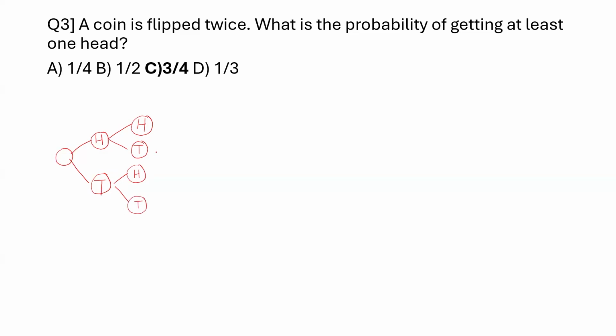These are the 4 possibilities. So the sample space, how will you write? It can be HH, HT, TH and TT, right? So now they are asking for the probability P of getting at least one head.